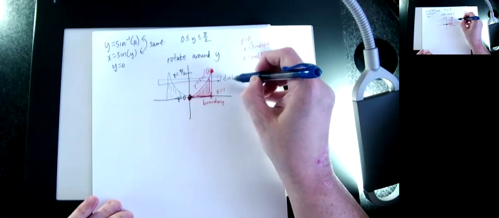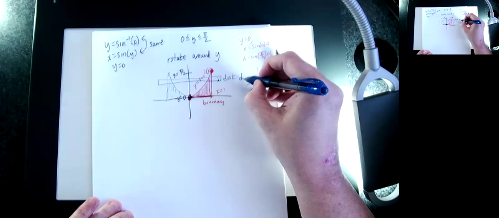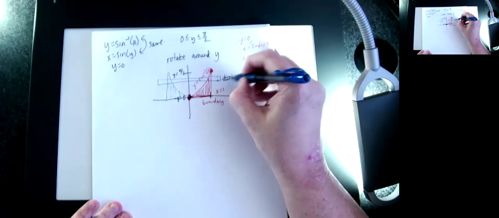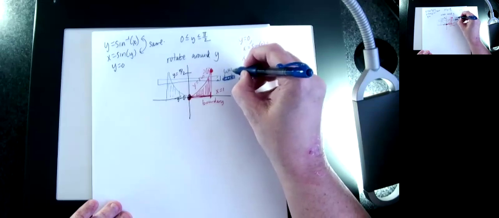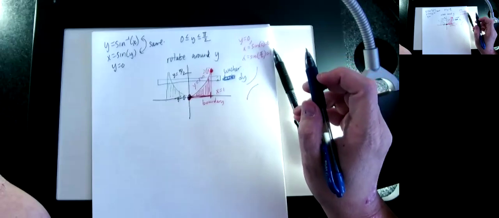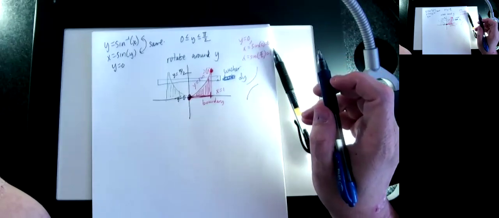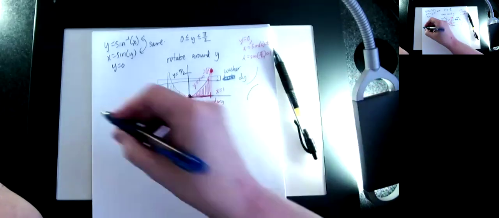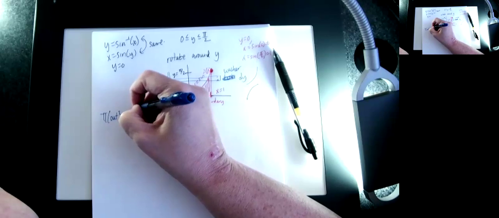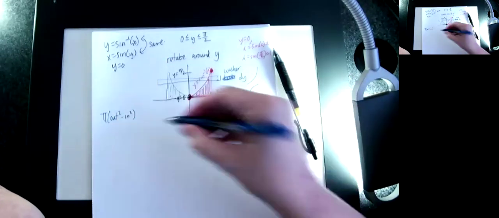Disk, it's going to have a thickness in dy. And it's not even a disk, it's a washer because we have a hollow spot. Washer method. So we do pi times outer squared minus inner squared. And we're doing it in terms of dy.